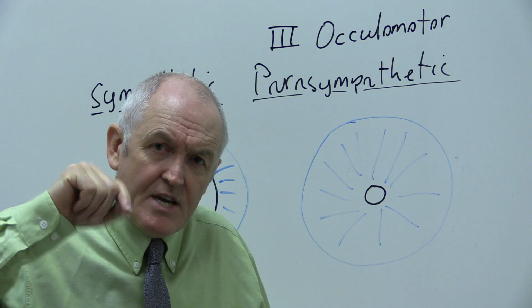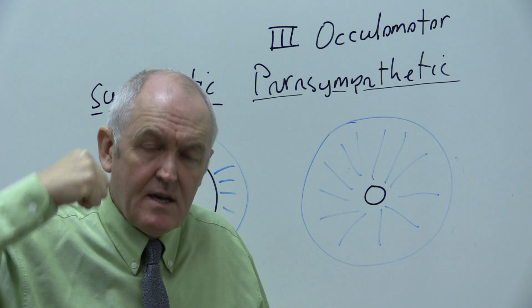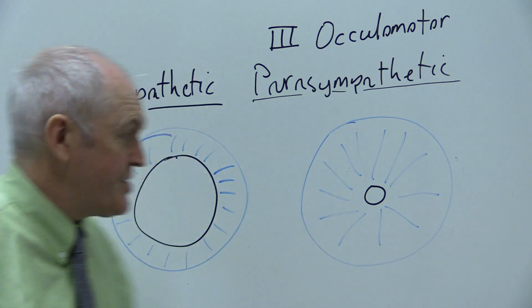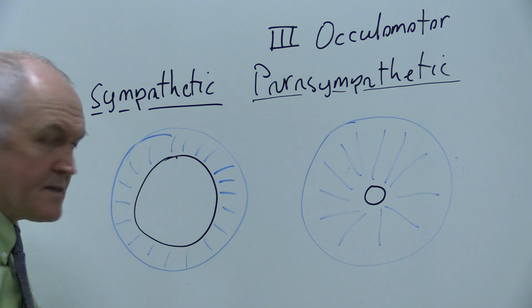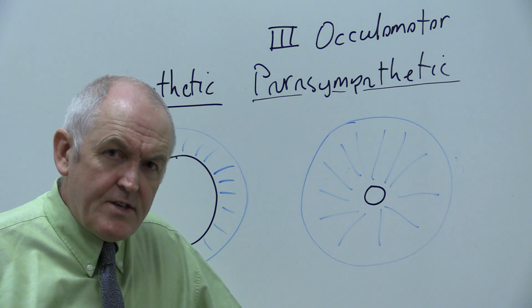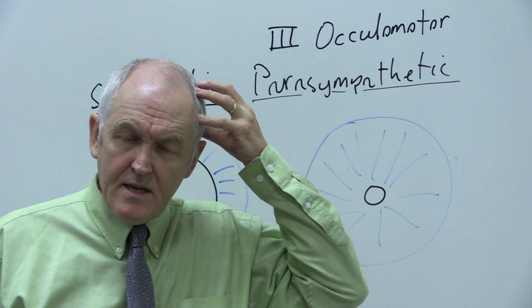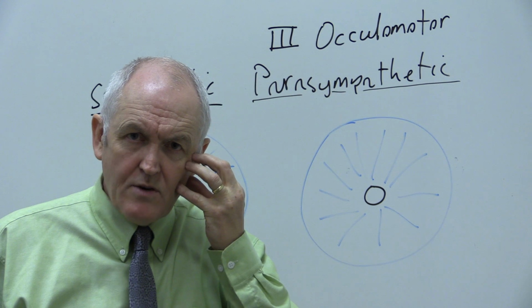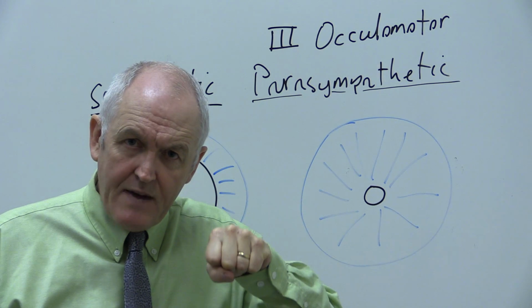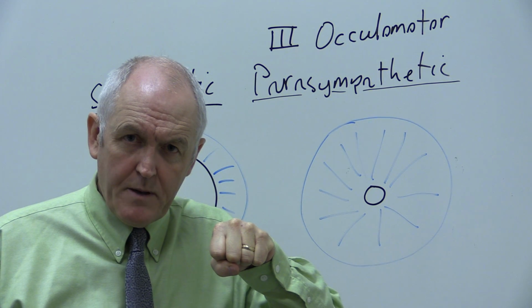Take away that innervation because the nerve is being compressed, and the right pupil will become sluggish and then dilate. In the same way, if there's raised intracranial pressure on the left side, that will press on the left oculomotor nerve. That will stop the left oculomotor nerve from working properly.